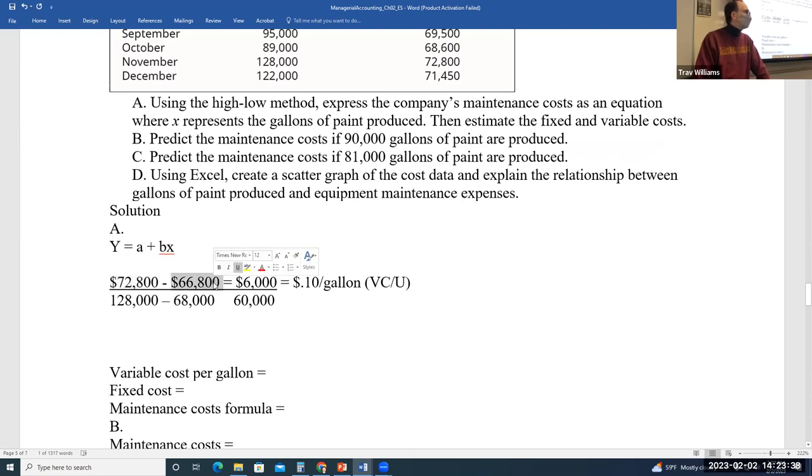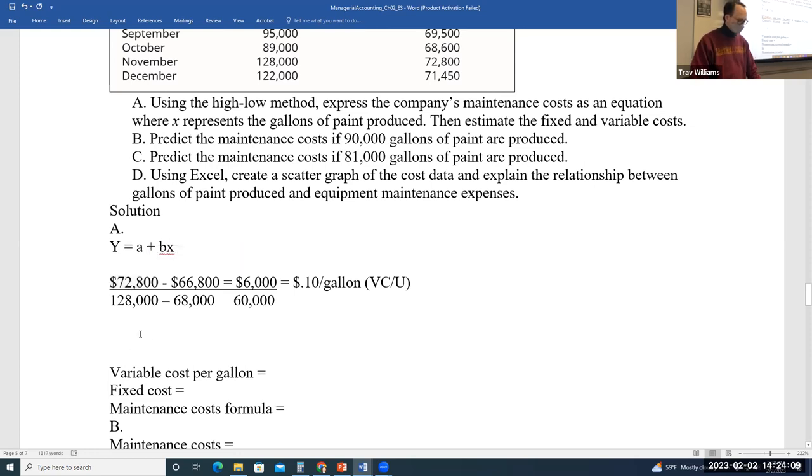We could use either month and we should come up with the same answer either way. In fact, maybe we'll do it both ways just to see. We're going to multiply the variable cost per unit times the number of units. That'll give us the total variable cost. Then we're going to subtract that from the total cost. The difference is our total fixed cost.